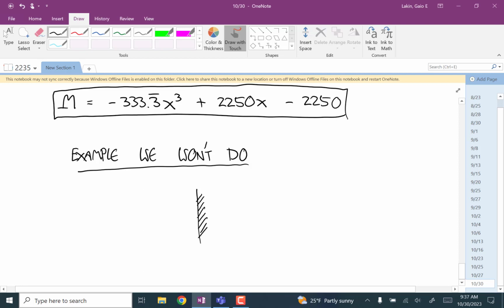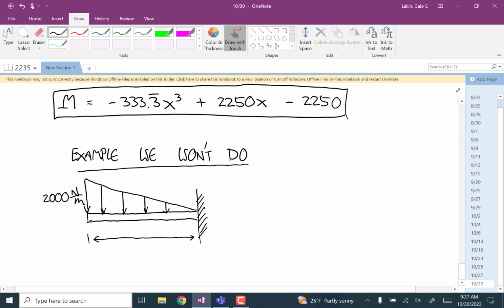That's just so we don't have to calculate the external load, so I don't waste a ton of time on this. And let's say we have a triangular distributed load like this. It doesn't matter what this is. Let's say this thing is 2 meters long.